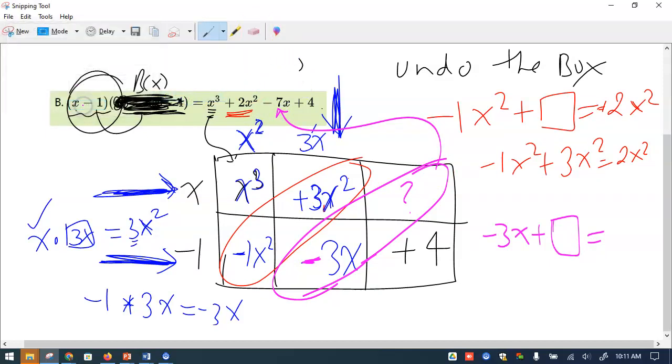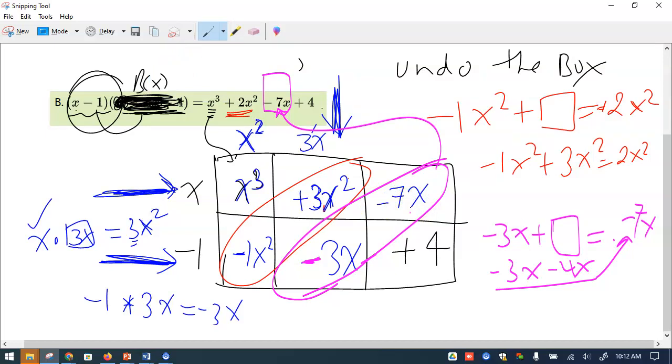The only way is it has to be minus 4x, because minus 3x and minus 4x gives minus 7x. So this answer right here will be minus 7x.